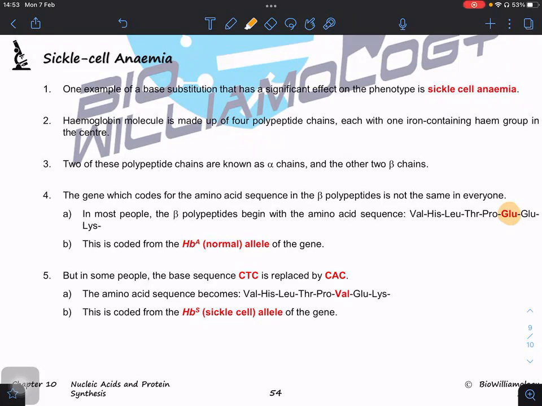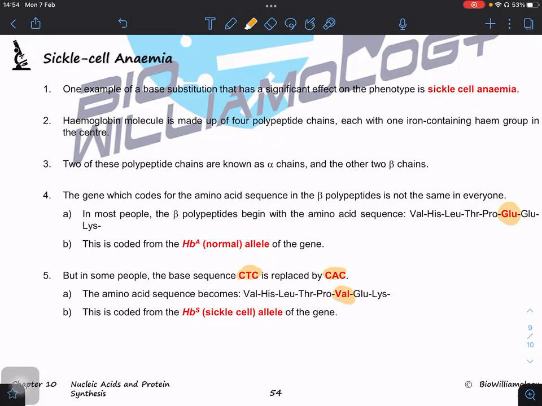But because of the mutation taking place, a single base substitution from CTC replaced with CAC. The T is replaced by the A. So in this amino acid sequence, instead of having glutamic acid at the 6th position, now we have valine at the 6th position, and valine is non-polar.